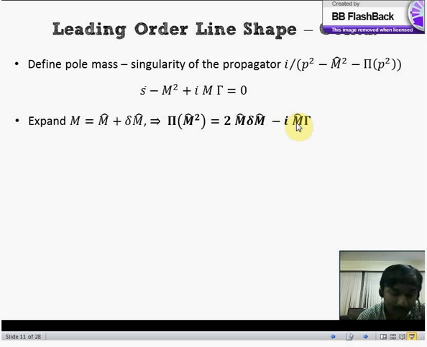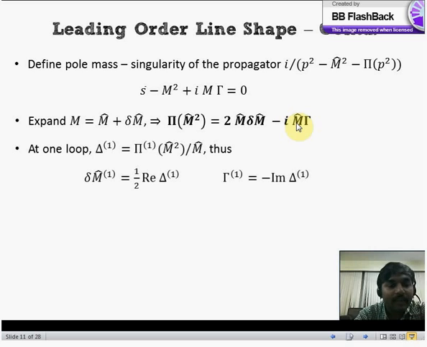Now we can match the real parts and the imaginary parts onto the real parts and the imaginary parts of pi, which is itself related to delta. So delta is equal to pi by m, and delta m then becomes related to delta to leading order. The gamma becomes related to the imaginary part of delta to leading order.